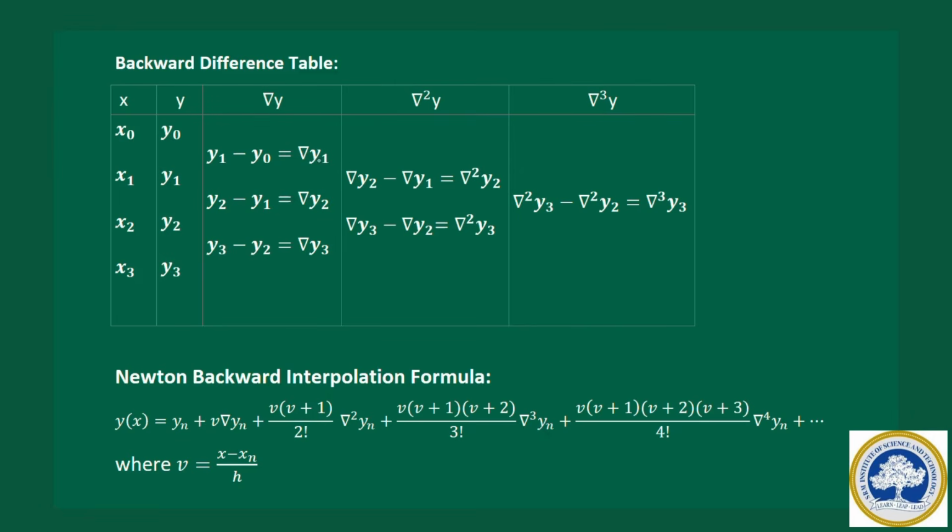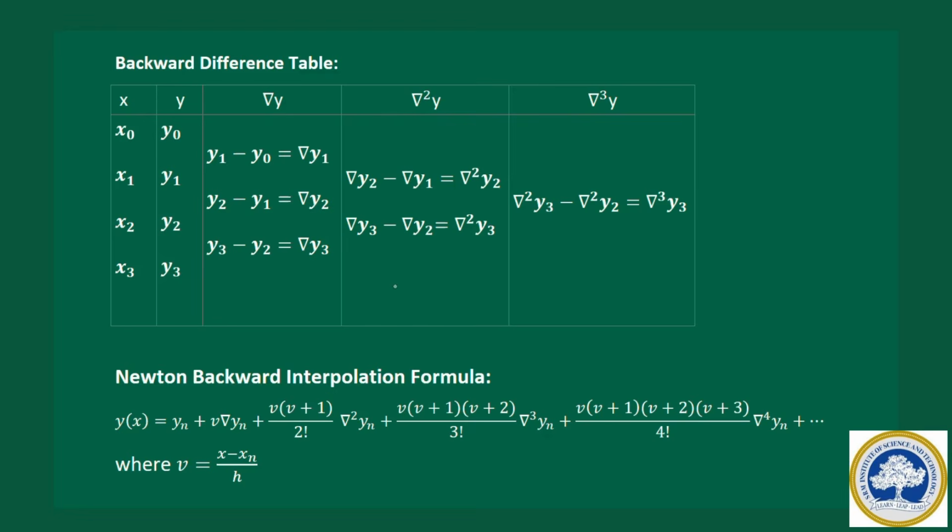In the previous case, forward difference, it is delta y0, here it is del y1. So according to that we have to find the difference table. Actually the difference table is the same, but the notation is different. So while doing the problem we consider a common difference table. It's enough for both forward as well as backward.